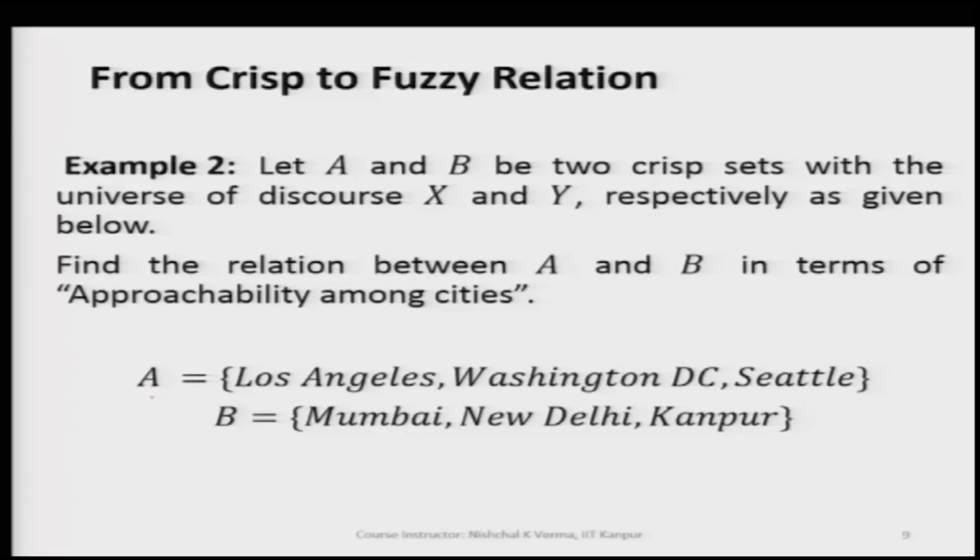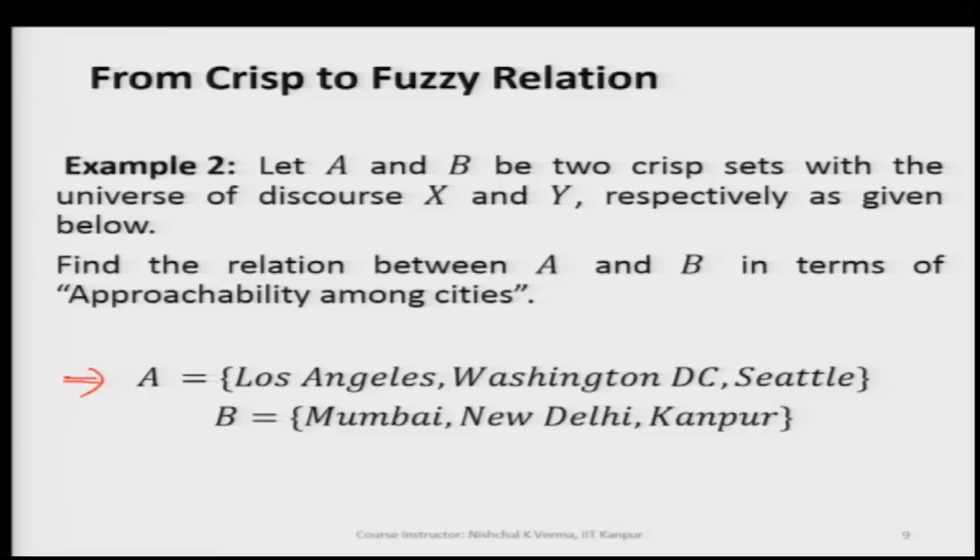Here, let us first take A and B, two crisp sets with the universe of discourse capital X and capital Y respectively, and we are interested in finding the relation between A and B in terms of the approachability among the cities. That means, if I am interested to move or approach from one city to another, what is the relation? So, here we have two crisp sets.